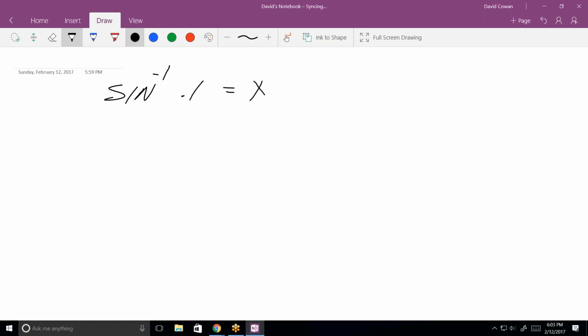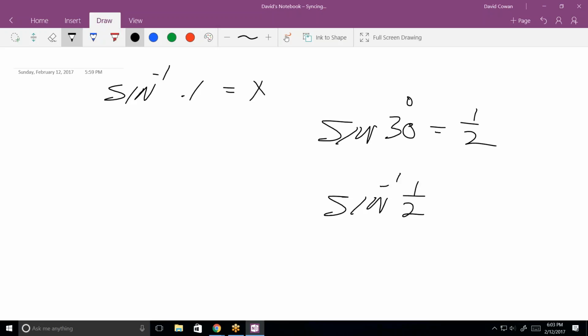Now, let's just talk about inverse sines for a moment. If I say the sine of an angle equals a ratio, that means that the inverse sine of the ratio equals the angle. And what this tells you is that you're always taking trig functions of angles to get ratios, and you're always taking inverse trig functions of ratios to get angles.